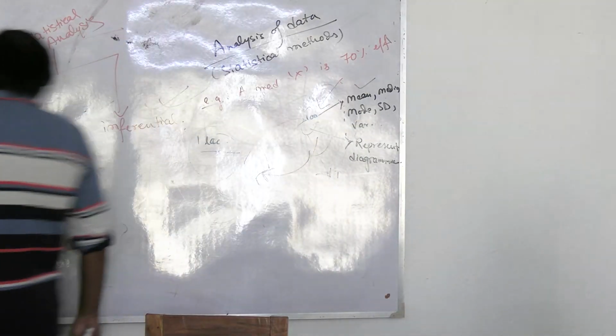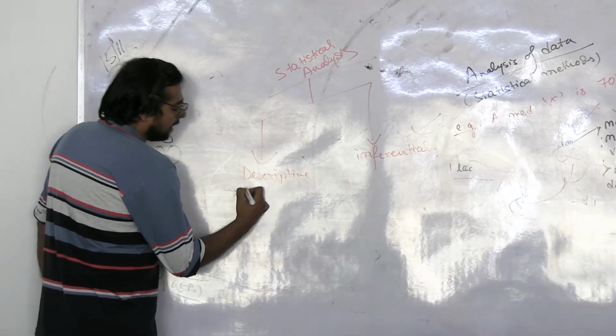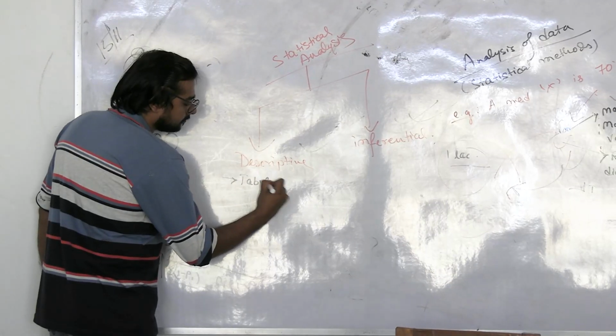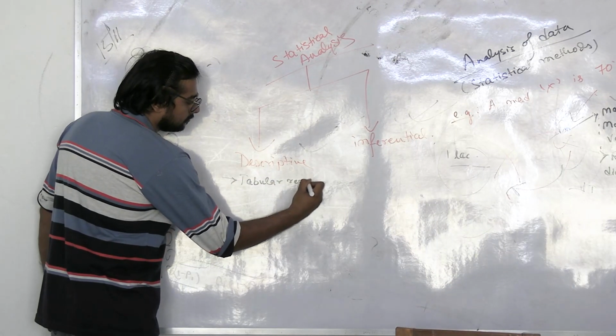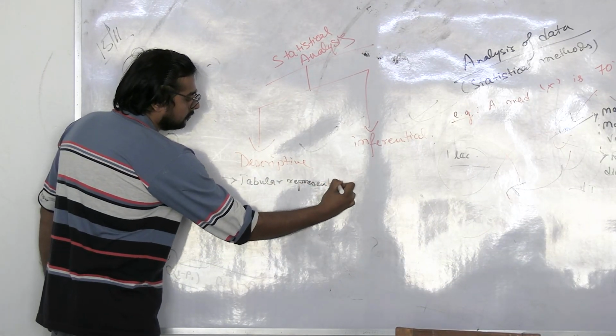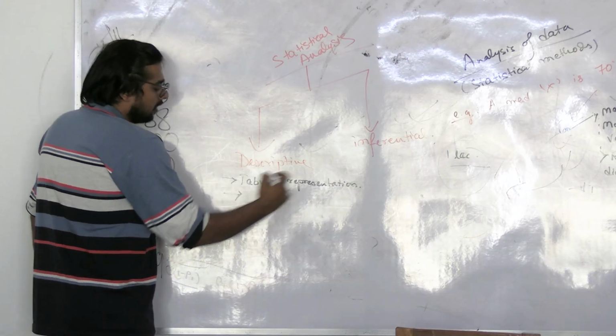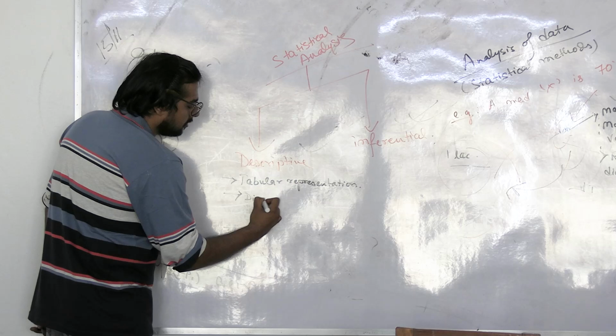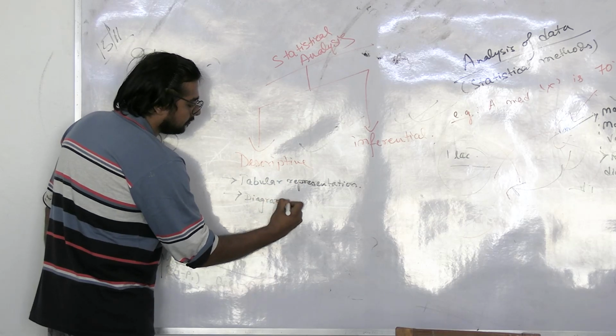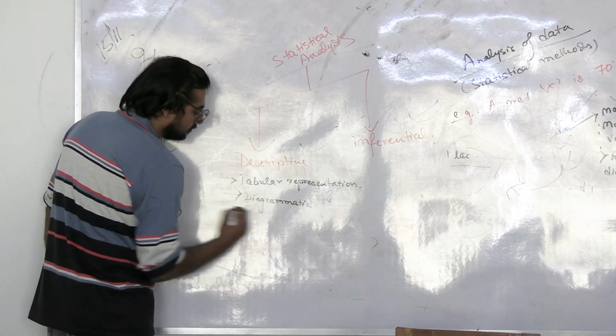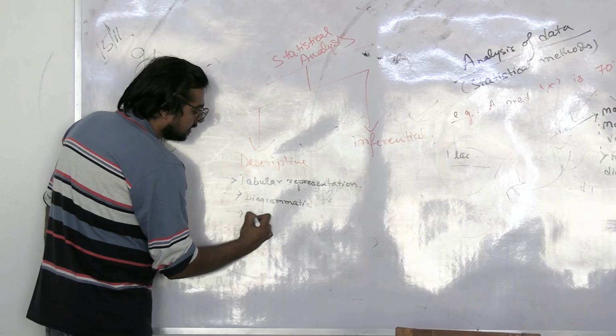So under descriptive statistics, what do we have? We have tabular representation, which includes frequency distribution. We have diagrammatic representation. We have central tendencies.